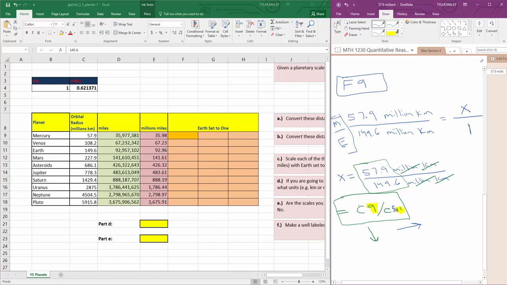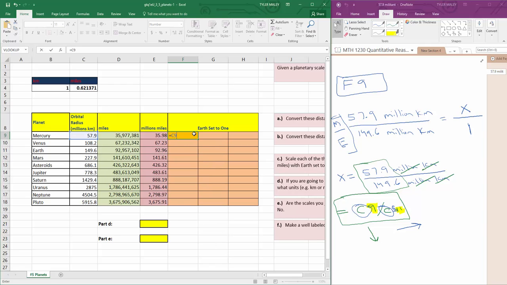So if I fill this over, do I want this to change, for example? And I would, right? I would want this value to change because I would want to switch over to the miles unit. And I would also want this to carry over to the Earth, right? So if I write this formula in, it should work, right? So we have C9 divided by C $11.